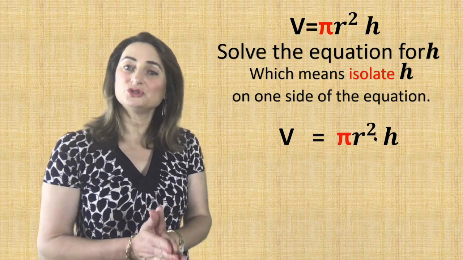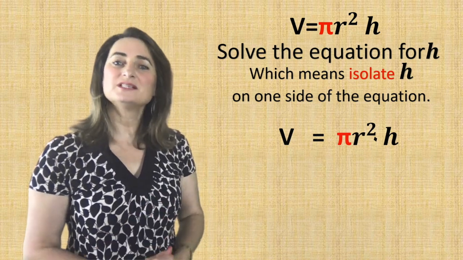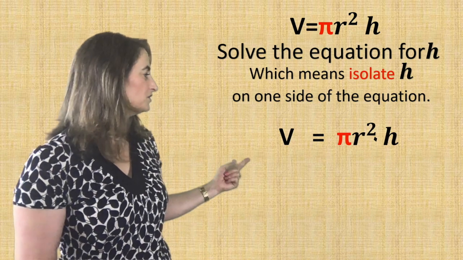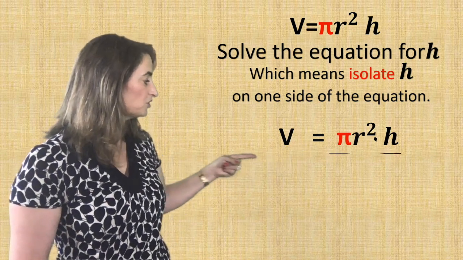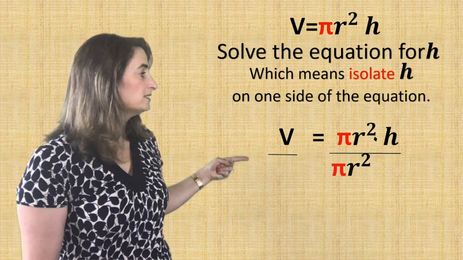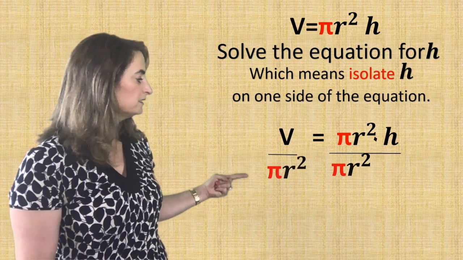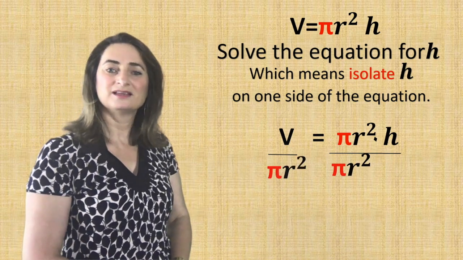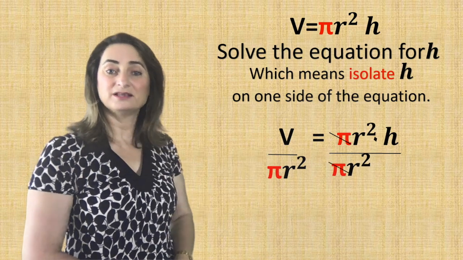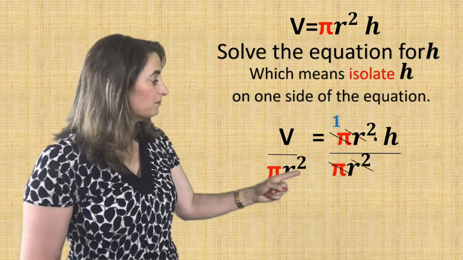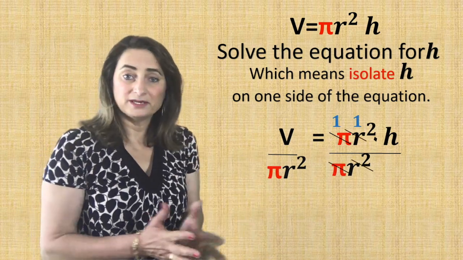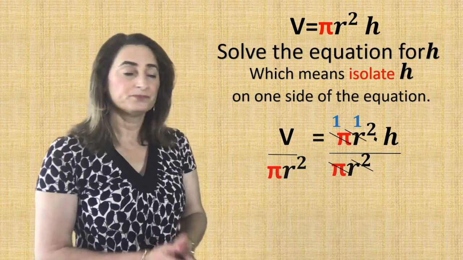Now to undo multiplication, use the inverse operation, which is division. And remember, use the fraction bar on both sides and divide by pi r squared, divide by pi r squared. Now pi divided by pi is 1. r squared divided by r squared is 1. Any number divided by itself is equal to 1.